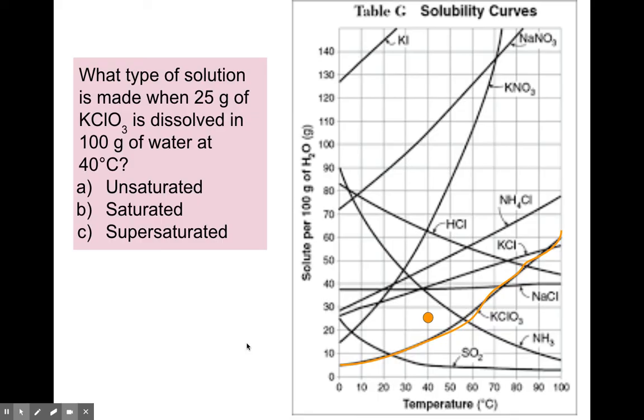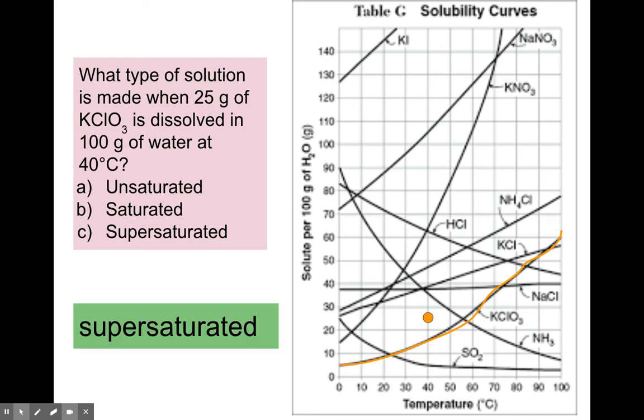Does that make it unsaturated, saturated, or supersaturated? Remember, you're comparing the dot to the line. Hopefully you're saying, oh, it's above, so it's supersaturated. The dot is above the line, making it supersaturated.